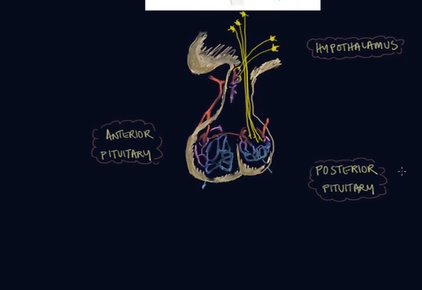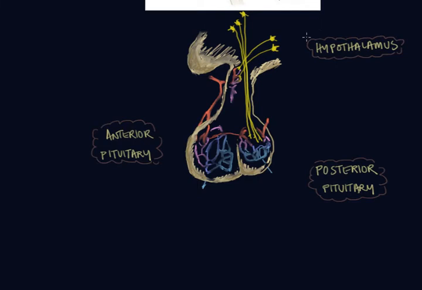So this is the hypothalamus up here, forming this neck down to the pituitary gland, which splits between the front or the anterior aspect and the back or the posterior aspect. And so as the brain signals the hypothalamus through nerves up here, it in turn signals the anterior or the posterior pituitary gland to affect a change in the body.